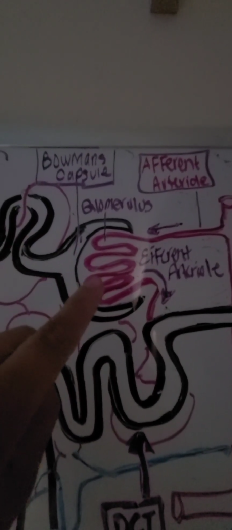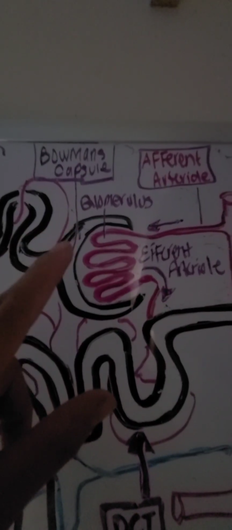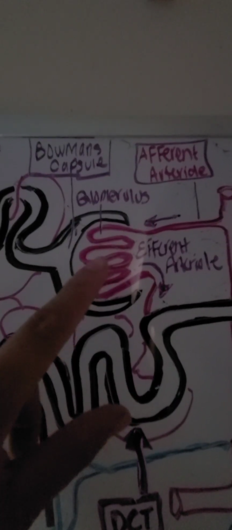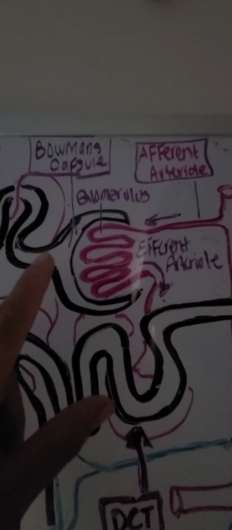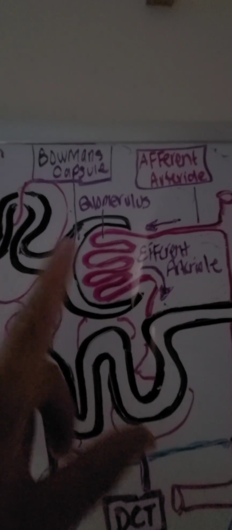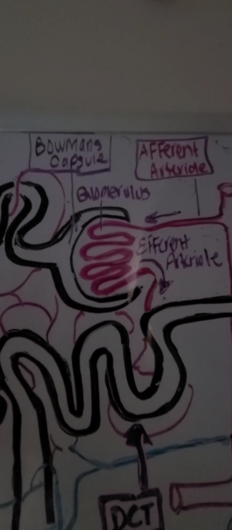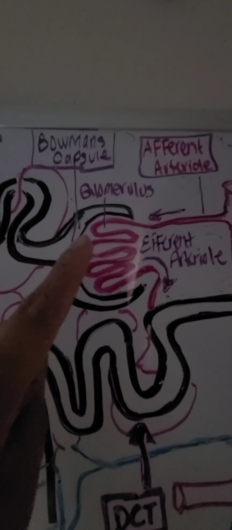So it is going to act as a strainer where it will filter out small solutes or smaller particles, and the bigger particles like red blood cells and proteins like albumin will remain in the bloodstream.